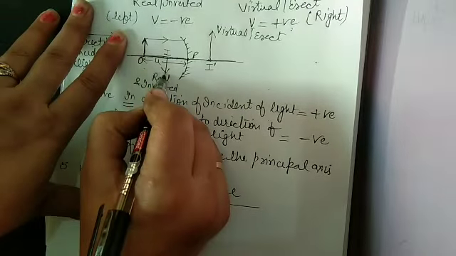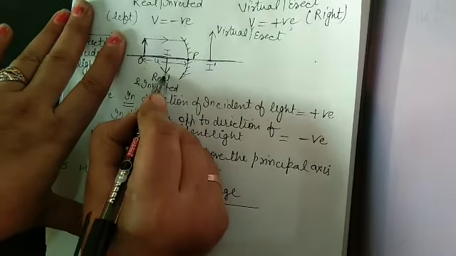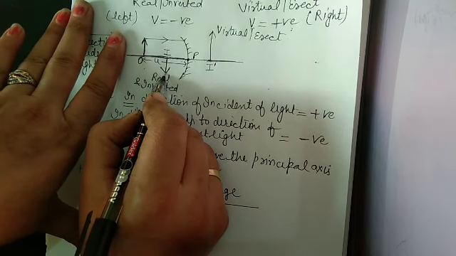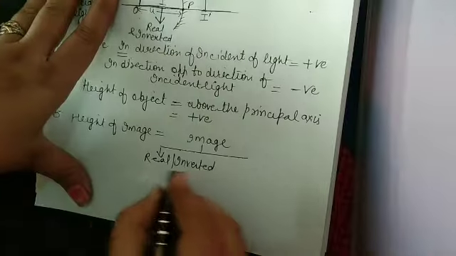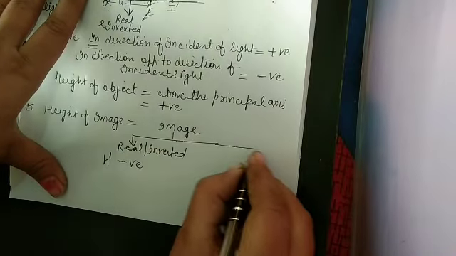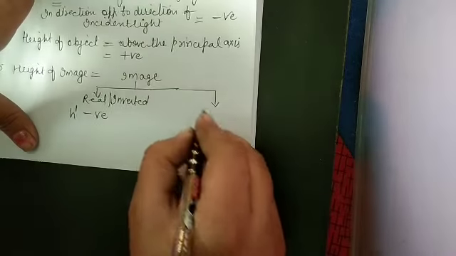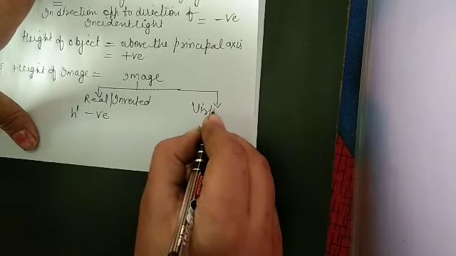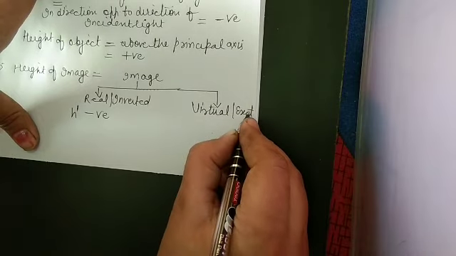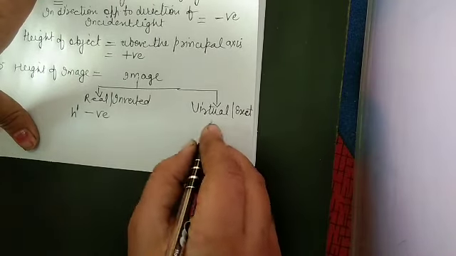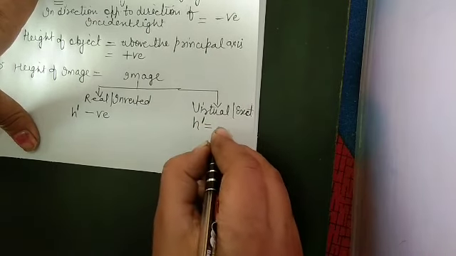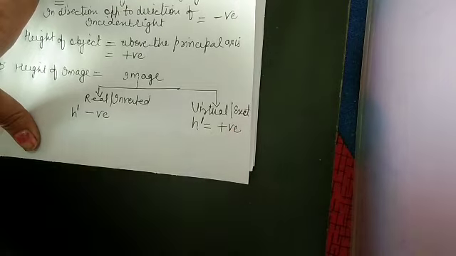If it is below the principal axis, following the rules of sign convention, it will be negative. Okay. Next. If image is virtual, it means erect. Erect means straight, above the principal axis. If it is above the principal axis, height of image is considered to be positive.